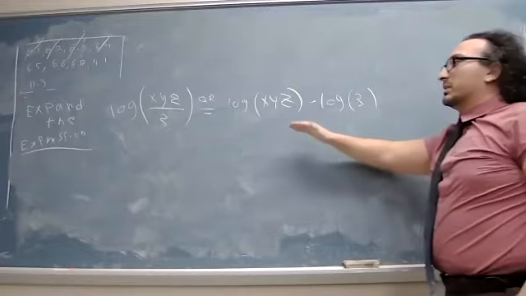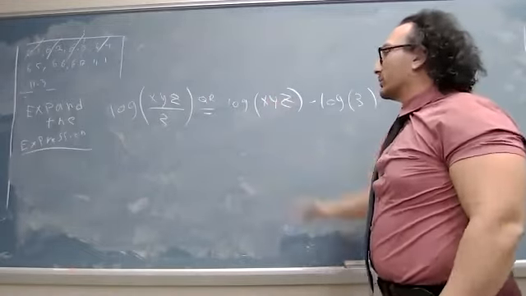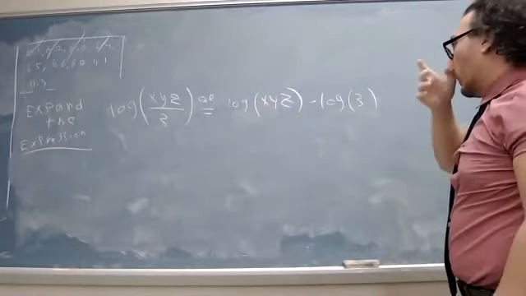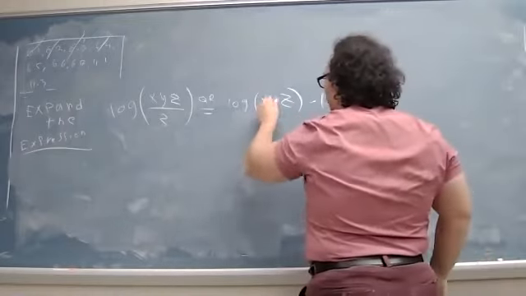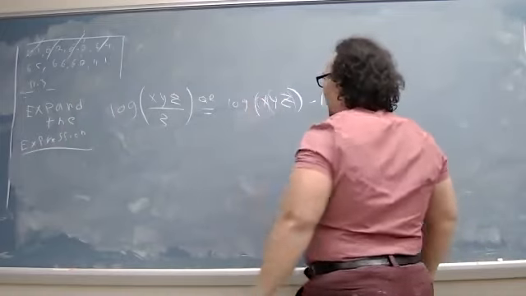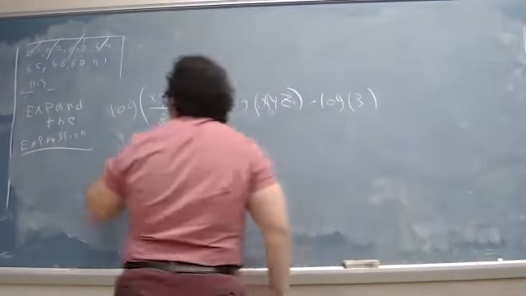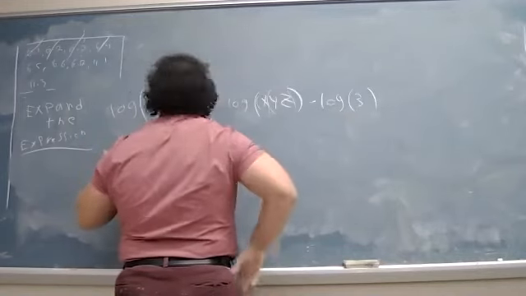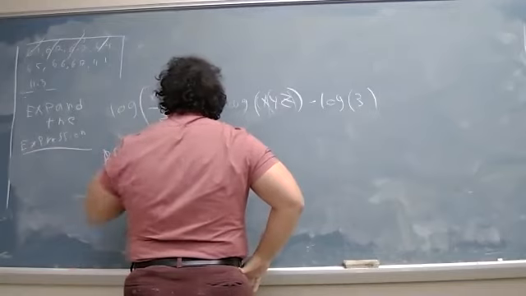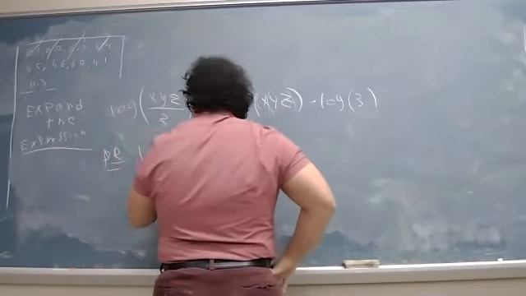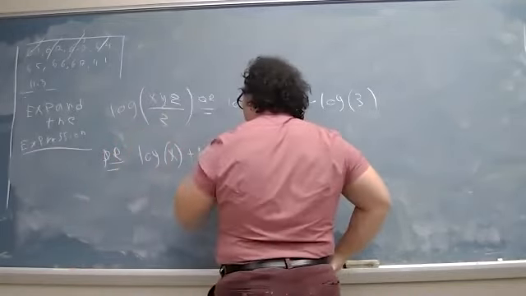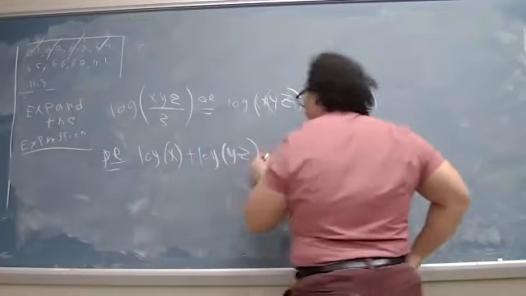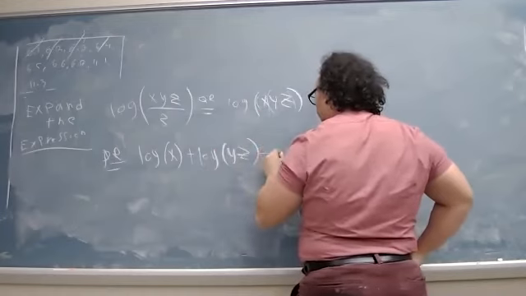We're basically done, but there's about 2 product rules, one for this product and one for that product that we could pull off. So let's just group this as a product with this x. So using the product rule here, we get that this is the log of x plus the log of yz minus log of 3.